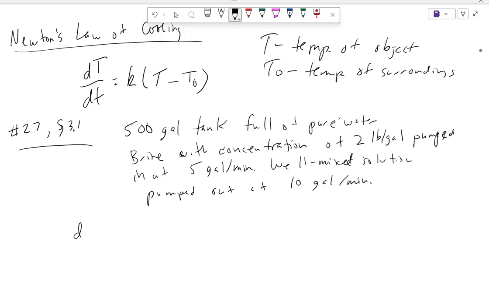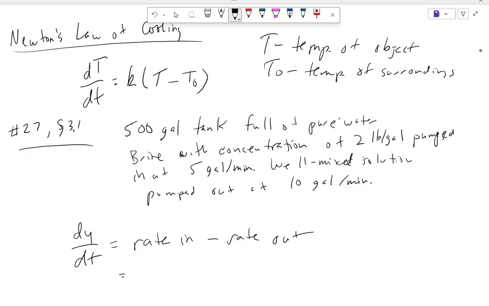So let's say y is the amount of salt at time t. You're going to do rate in minus rate out, right? Again, y is the amount of salt.